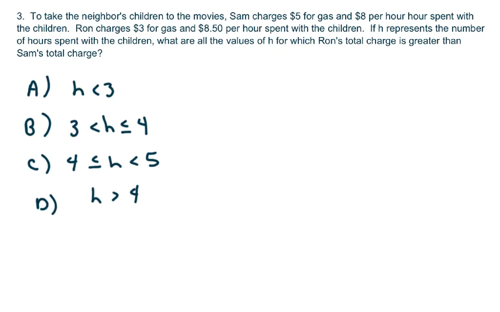We have Sam and Ron. What we're going to do is see all the values of H for which Ron's total charge is greater than Sam's total charge.